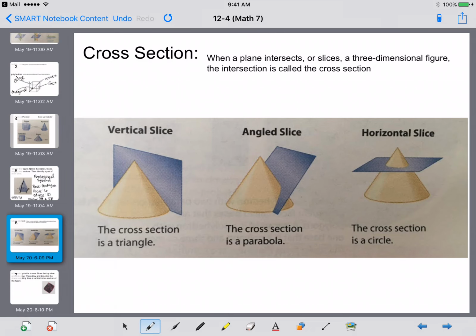So if I were to cut a cone in half and open it up, the cross section would look like a triangle. If I cut it at an angle, it would be a parabola, which looks something like this. And if I cut it in a horizontal slice, it would look just like a circle. So it makes your different shapes.